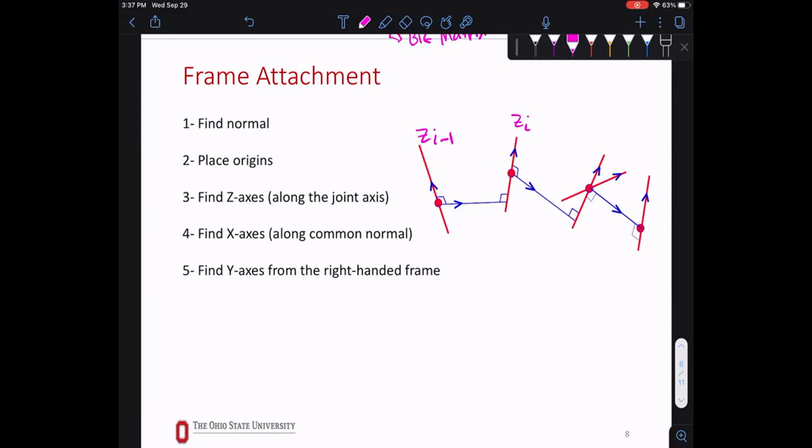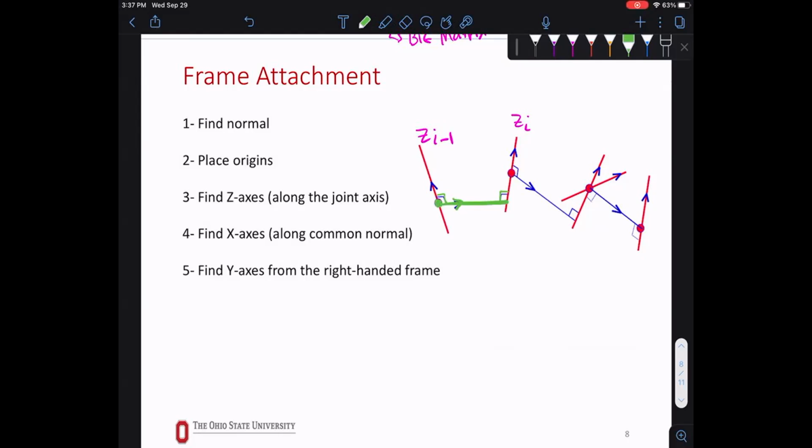We find the common normal between the two z-axes that are adjacent, from one frame to another frame. So here is the common normal. I'm going to use another color. This is the common normal between these two because it's perpendicular to both of them. Then place the origin.